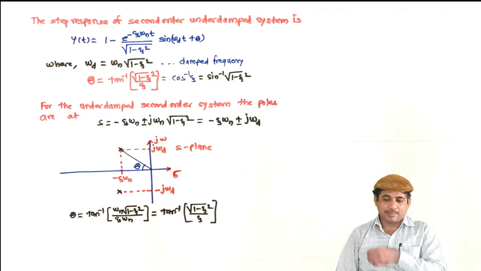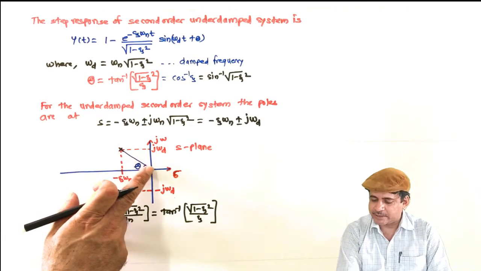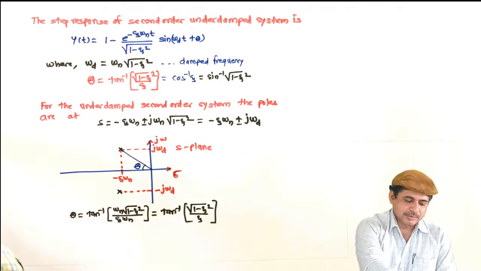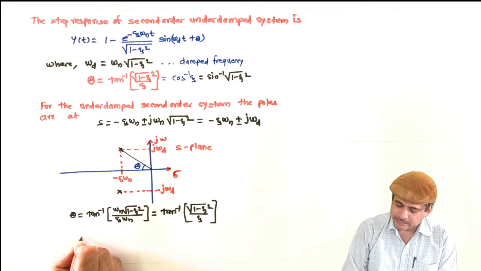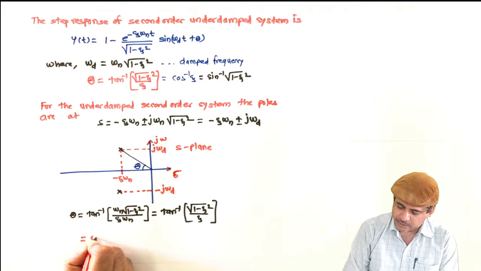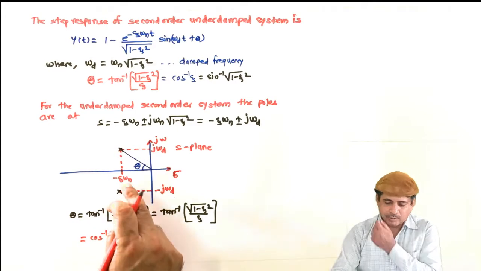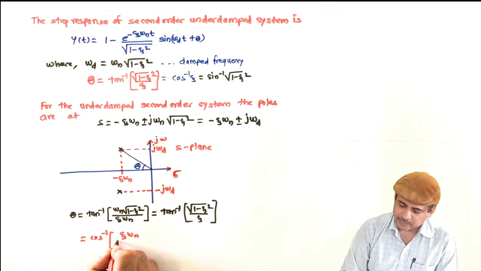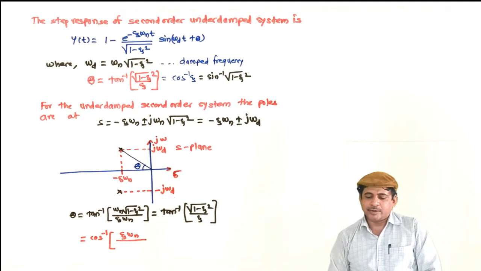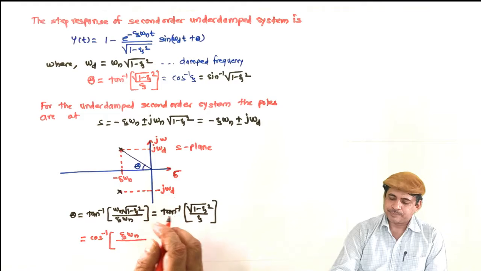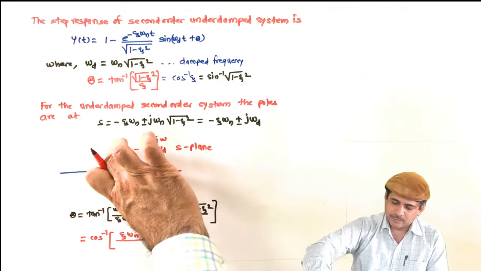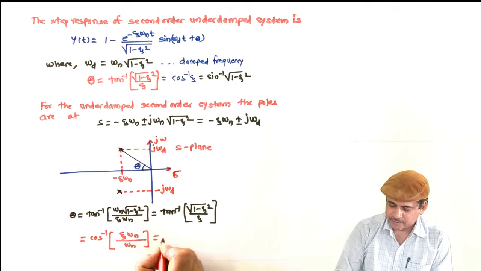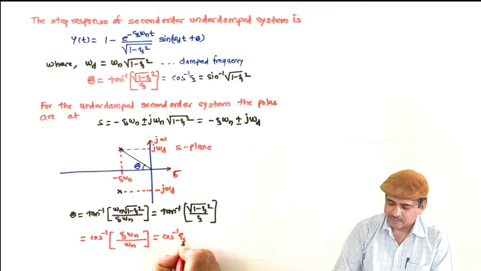At the same time, if this is a hypotenuse, it is also equal to cos inverse of zeta omega n divided by omega n. So this is equal to cos inverse zeta.